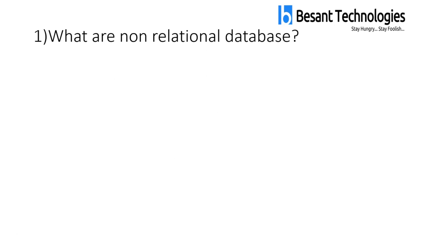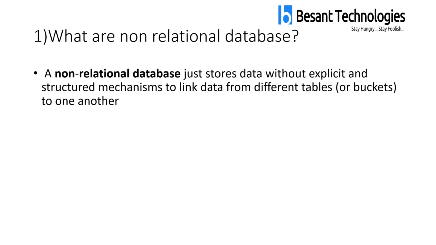So the first question: what are non-relational databases? What do you mean by non-relational database? You may have heard of relational database. In a relational database, as the name implies, there is a relation between two rows and between two tables, because you join two tables using joins.